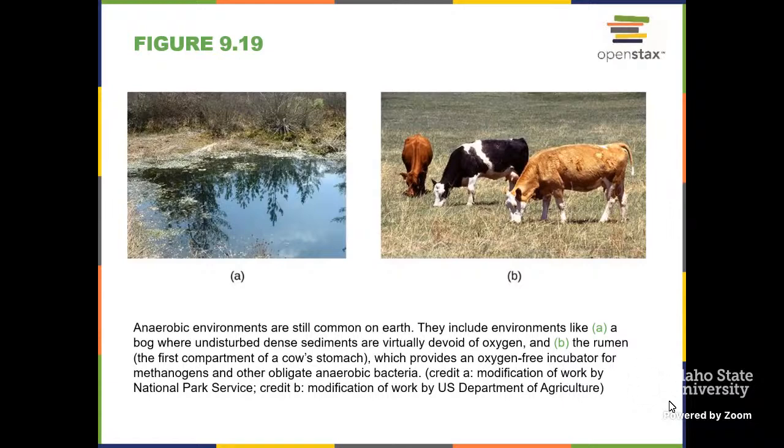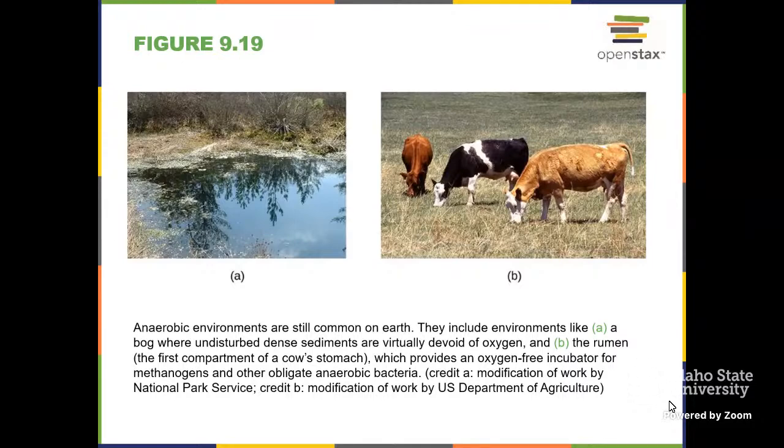It helps to break that stuff down, breaking down the cellulose and releasing sugars that it can digest as it moves into other compartments. So there's some methanogens that in turn get releasing methane out of the back end of the cow. Huge contributors to some of that.